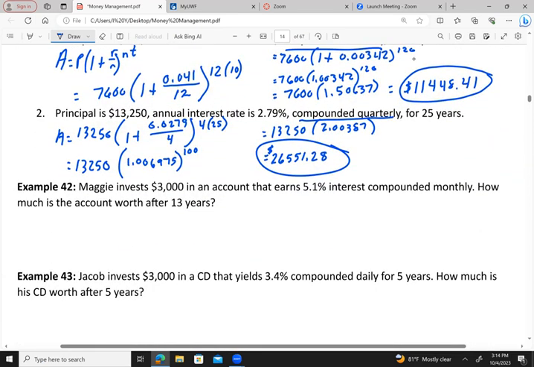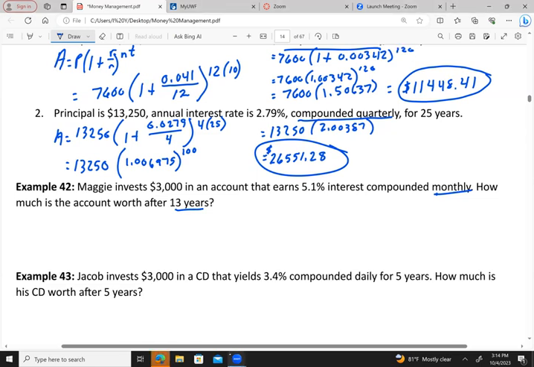Okay, now we have Maggie invests $3,000 in an account that earns 5.1% interest compounded monthly. Monthly means N is 12. How much will it be worth in 13 years? So again, we have A equals the principal, 3,000, times 1 plus the interest rate, 0.051, 5.1% in decimal form, over the number of times compounded in a year, 12.